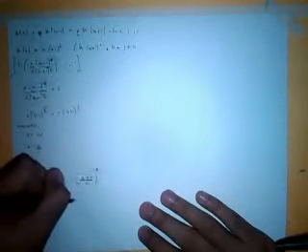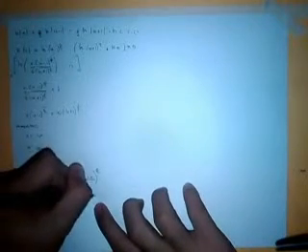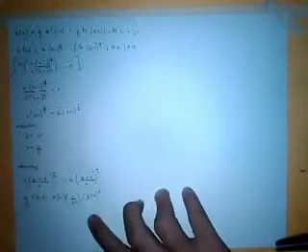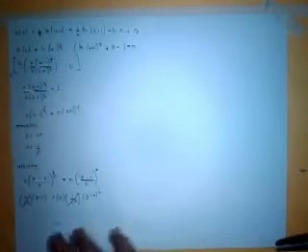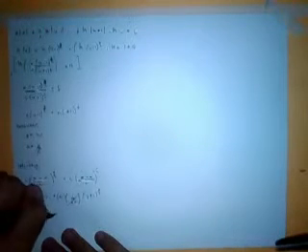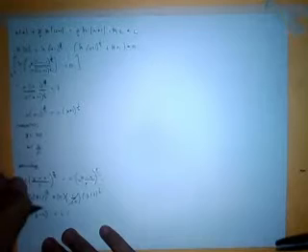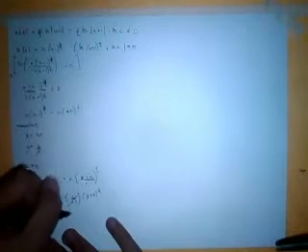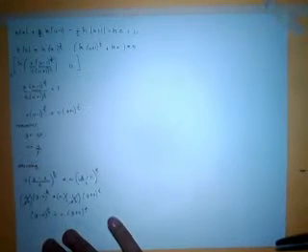1 over x to the 1/2 times y plus x to the 1/2. So this term cancels out, and what remains is this. This is 3/2, I forgot it: 3/2, and then y plus x to the 1/2.